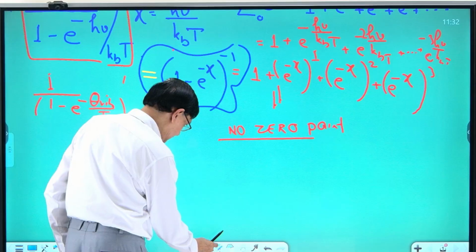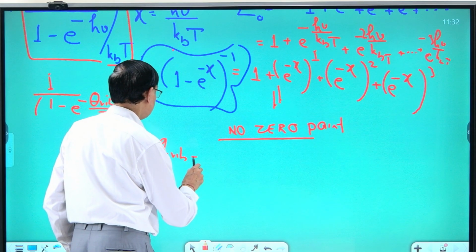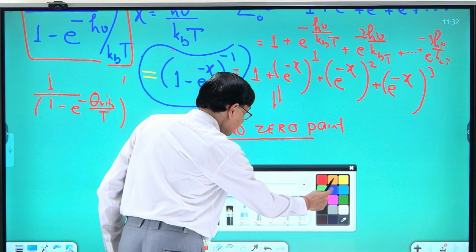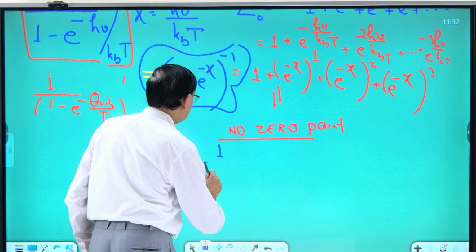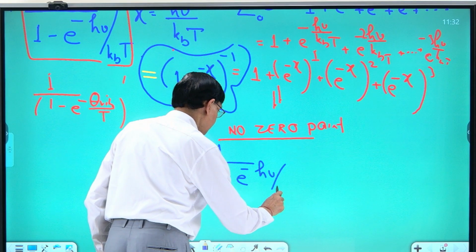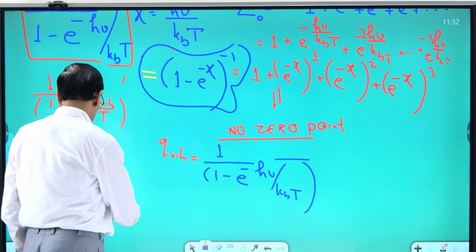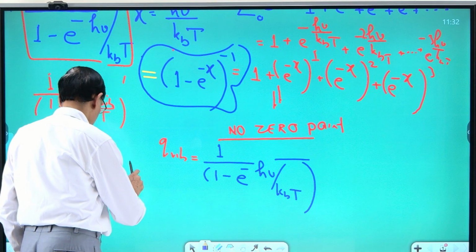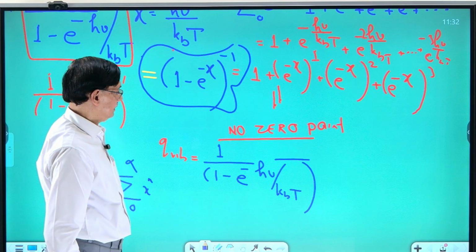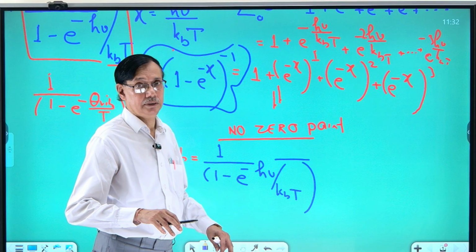My final equation is again the same: Q vibrational is 1 divided by 1 minus exponential minus h nu divided by kBT. Using that simple formula, the summation from 0 to infinity of x to the n, we can calculate this. But suppose now I consider the zero-point energy.